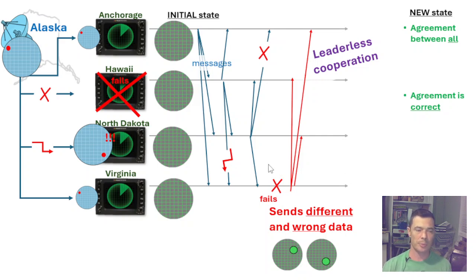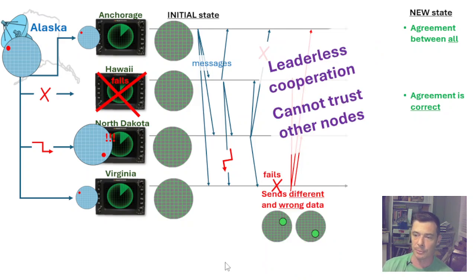This is considered the broadest, most difficult problem to overcome, and that's this situation where we have a node that's failing at some point in this process, and as it's failing, it's going to send bad data, but it sends different bad data to different locations. This scenario is considered possible, and it's also considered the worst case scenario. So not only are we leaderless, but we also can't trust each other. We can't trust that a node is going to send us the right data.